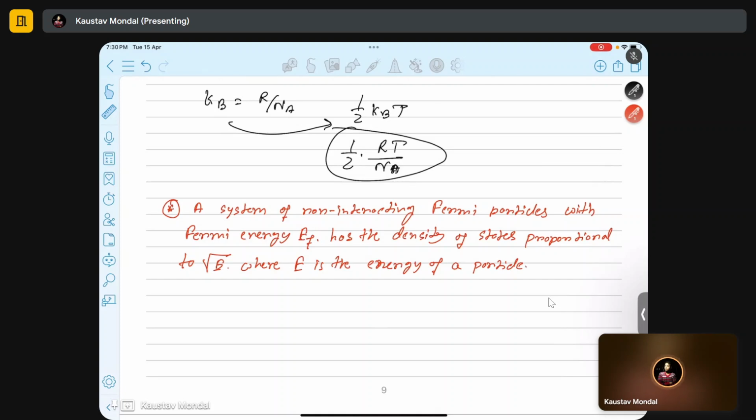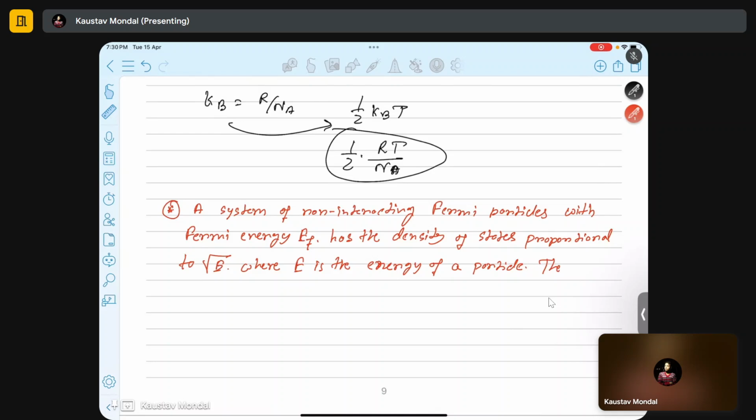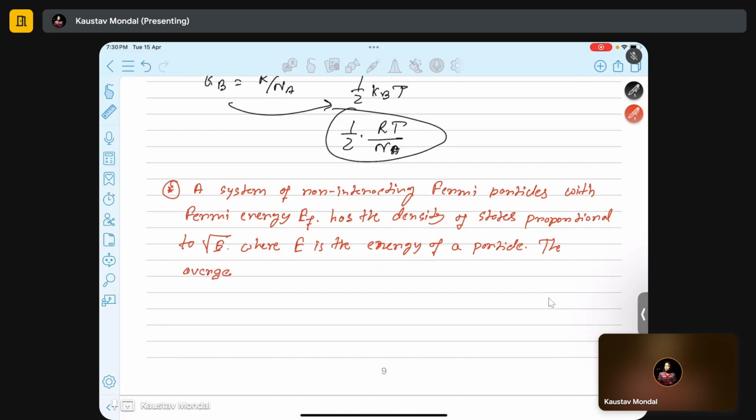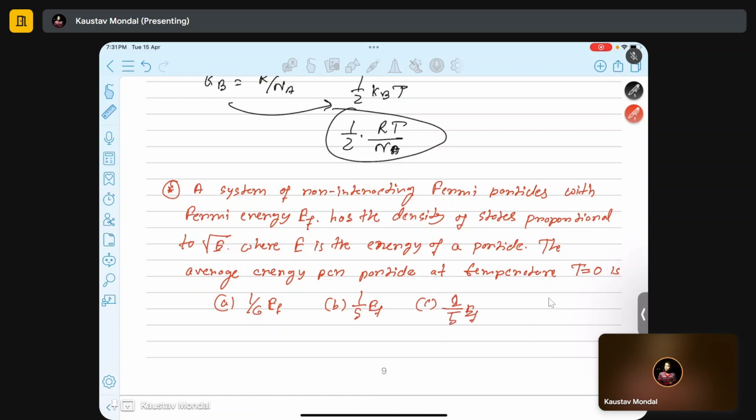Given this, the average energy per particle at temperature T equal to 0 is: A, 6 EF; B, 1 by 5 EF; C, 2 by 5 EF; and D, 3 by 5 EF. So four options are there.